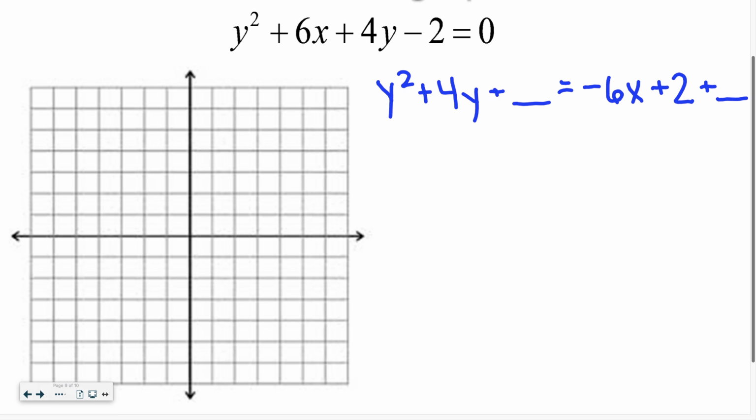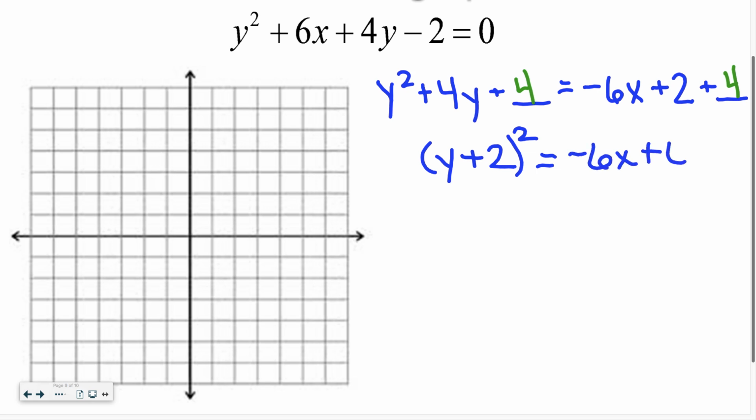4? Yep. Okay. B over 2 squared is 4. So what we have is y plus 2, the quantity squared, equals negative 6x plus 6. This is not in standard form because we don't have that 4p times x minus h.